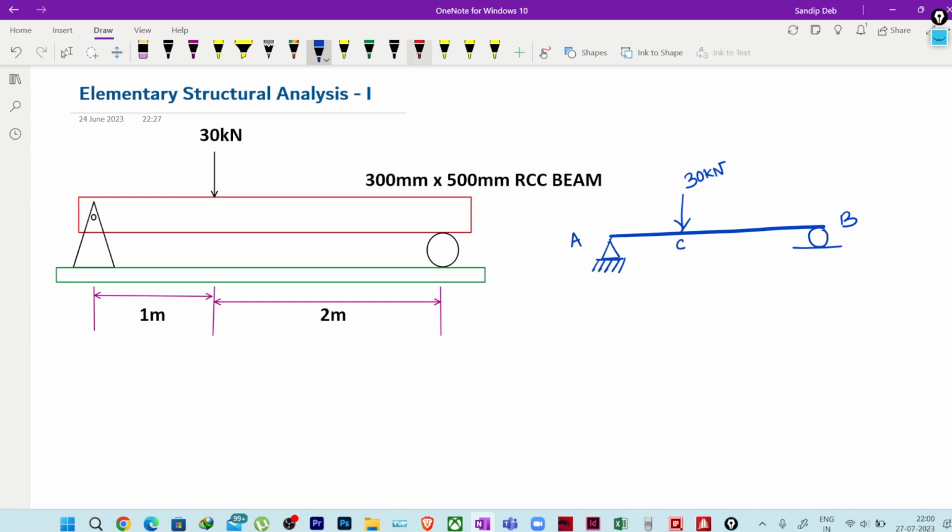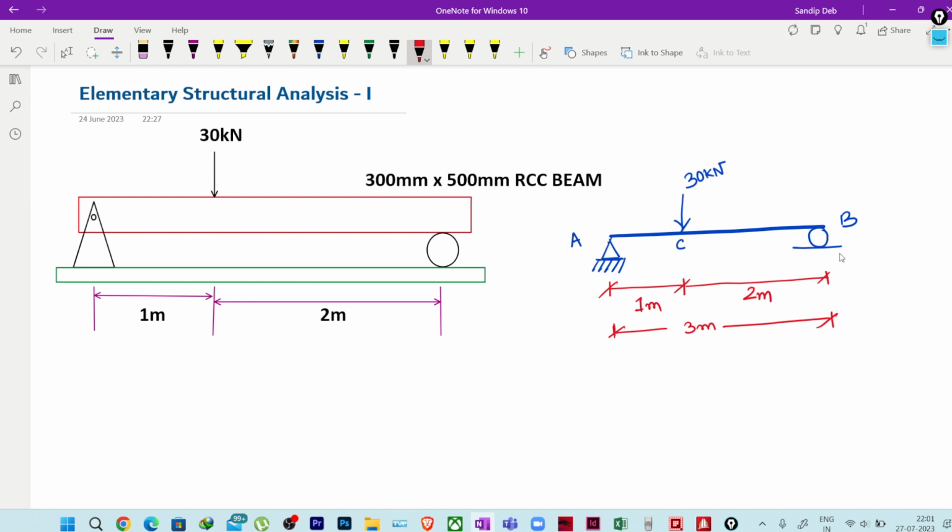The distance from this support to the point where the load is applied is 1 meter, and from here to the next support it is 2 meters. So the total length of this beam is 3 meters. This is the information we have regarding the length of the beam, support condition, and the load.